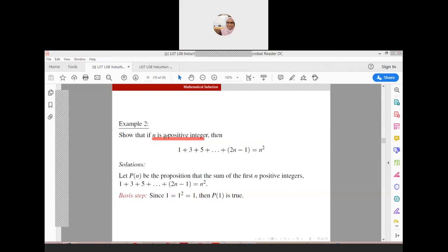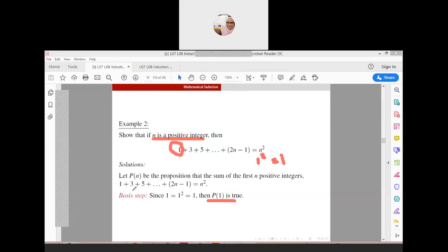When n is a positive integer, it means the smallest n will be 1. When n is 1, here 1 is equal to 1 to the power of 2, which is 1. So the basis step is true.